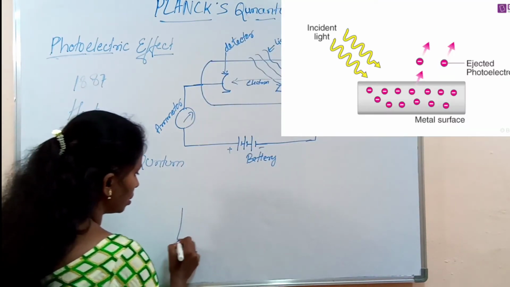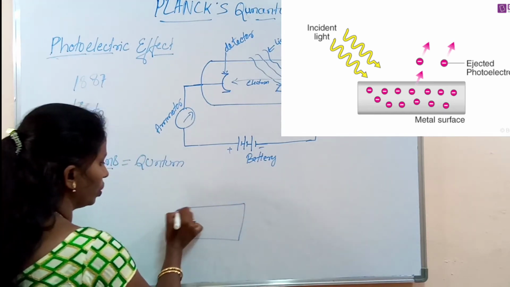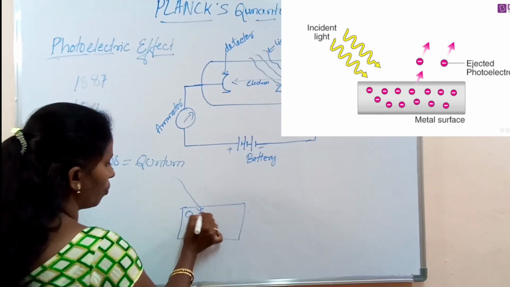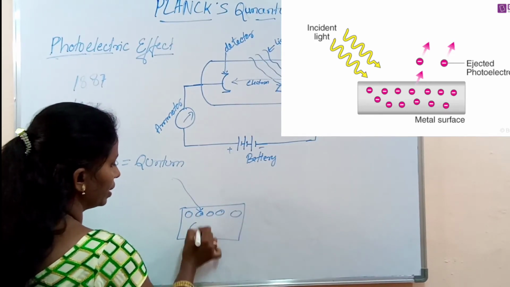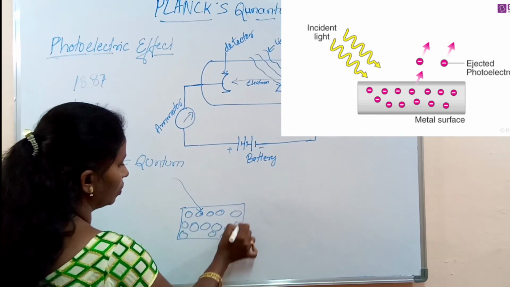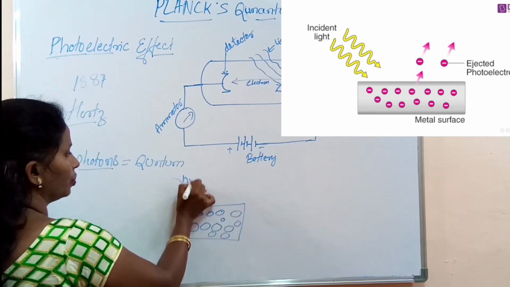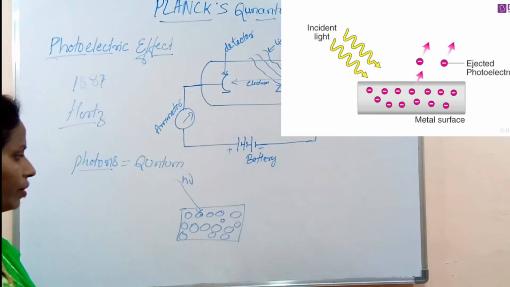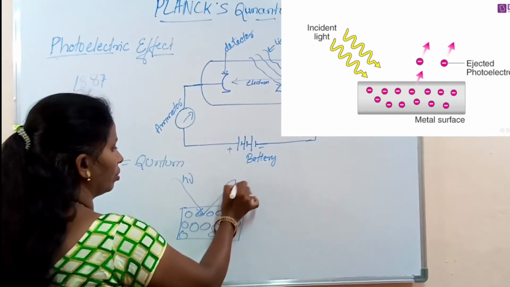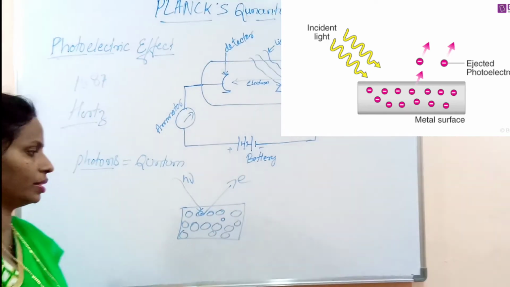When photons, that is light radiation with energy hν, fall on a metal surface, they eject an electron from the metal surface.